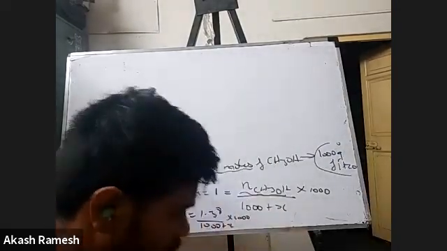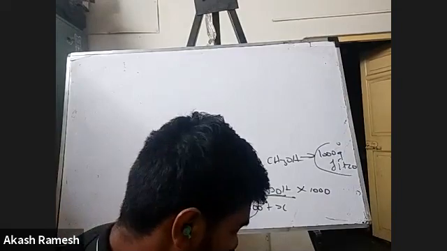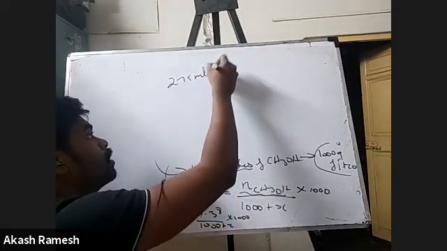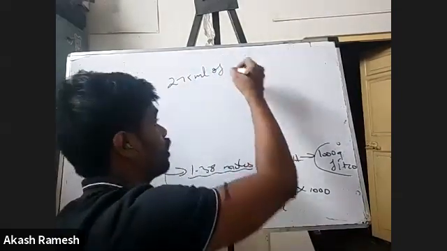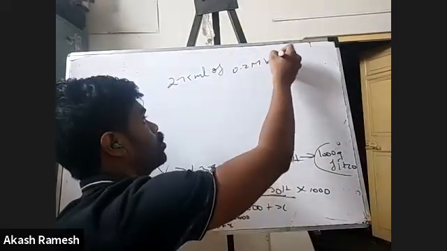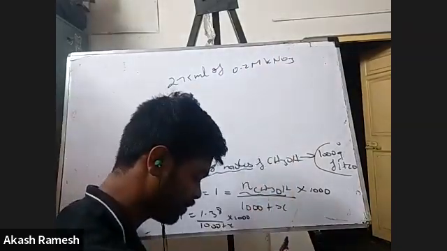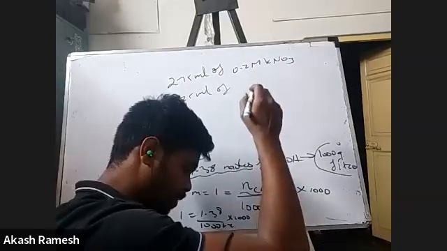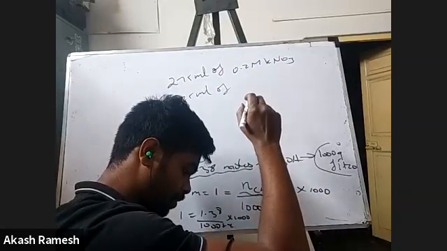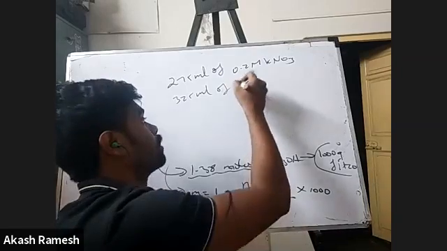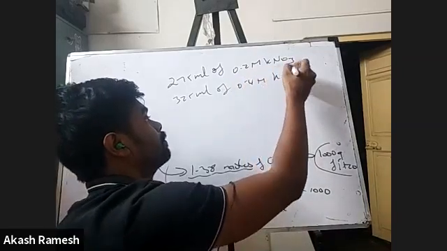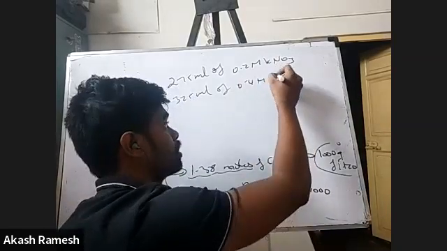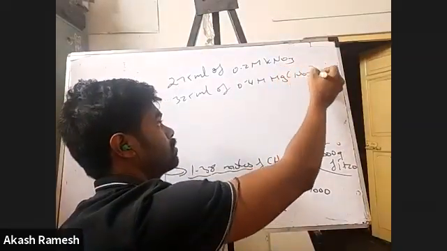All right. So the next question is, I have 275 ml of 0.2 m KNO3 and 325 ml of 0.4 m Mg(NO3)2, right?